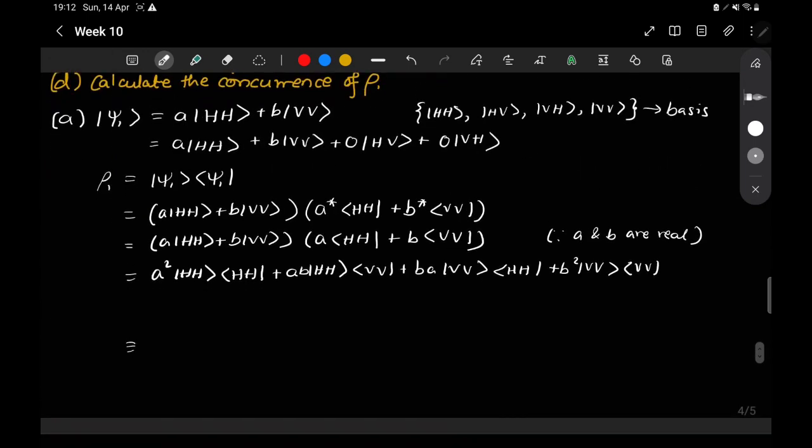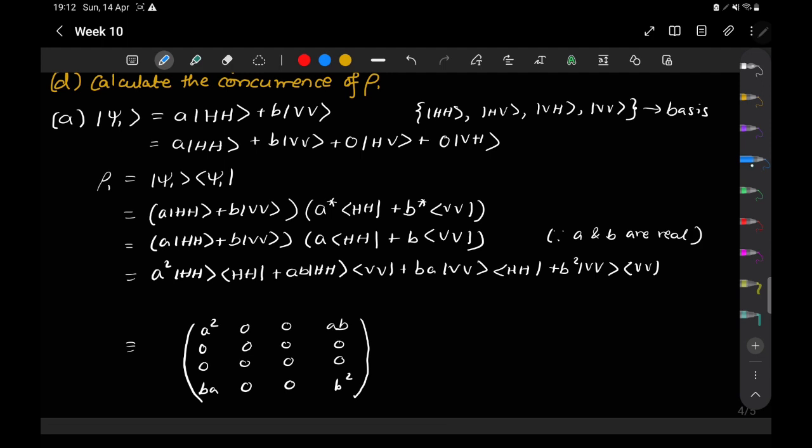Now let us write down the matrix in matrix form. So this is in matrix form, and we have the basis vectors in this order.